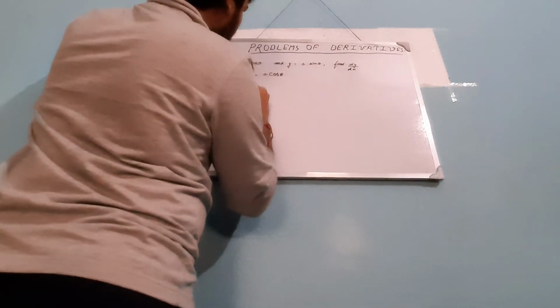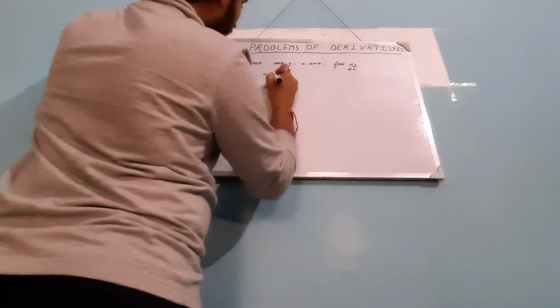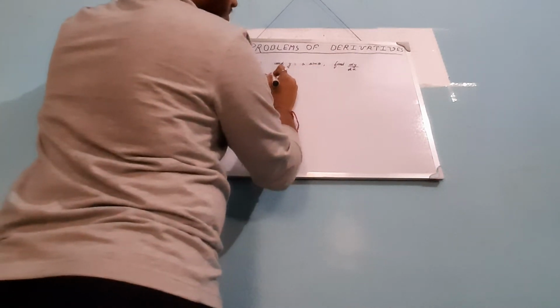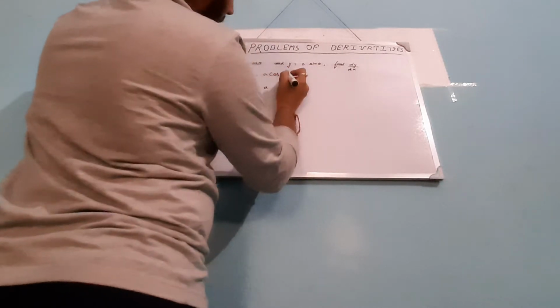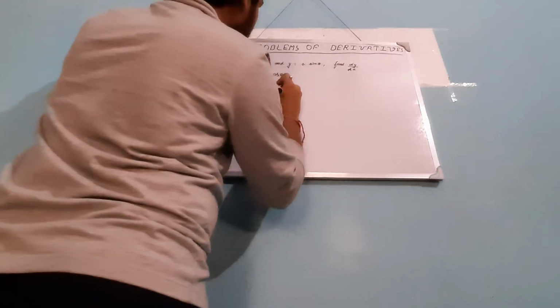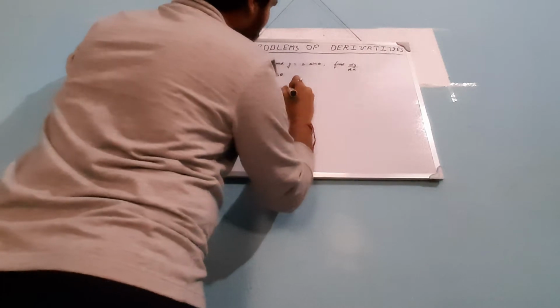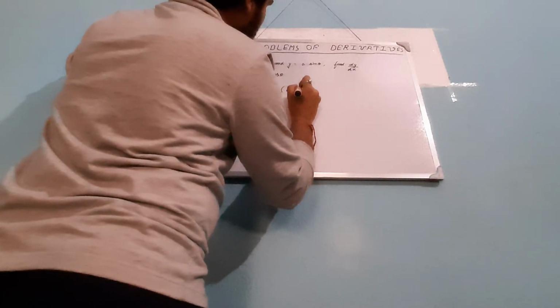So dx by d theta equals a into d by d theta of cos theta, because a cos theta means constant into coefficient, as I told you at the beginning of the previous video.